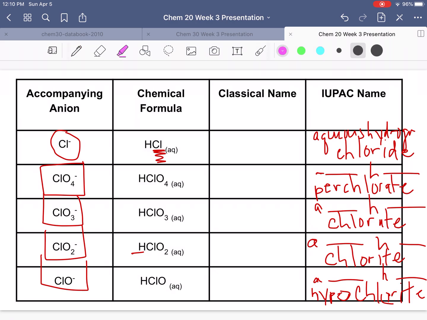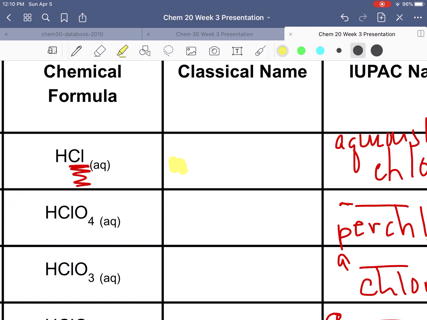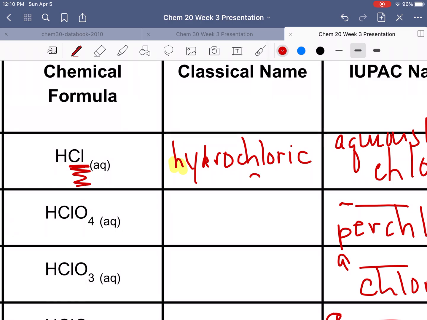All right, classical name then. This one has the "ide" ending. If it has the "ide" ending, we need to include the hydro. Hydro. Then we put the chlor that would have been in chloride, except instead of "ide," we put the "ic" acid. There it is, hydrochloric acid. This one was the perchlorate ion.